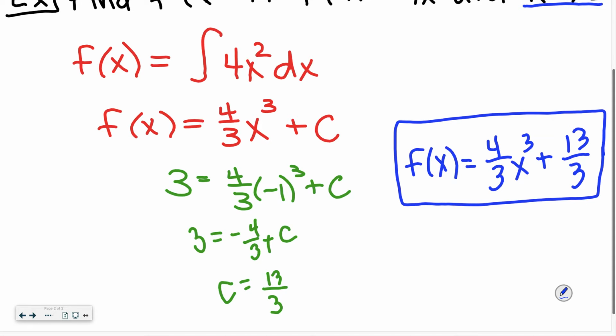We know one coordinate on that function, so we can determine the exact equation without that arbitrary plus C. Kind of interesting. All right. I'm going to give you one to try. Work on it and compare answers at your table.